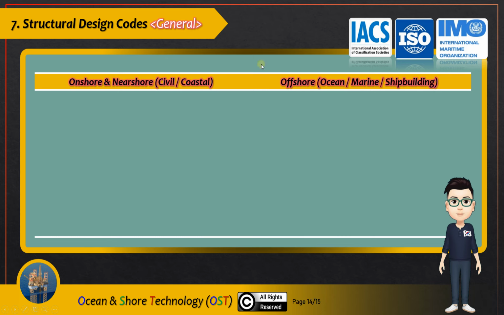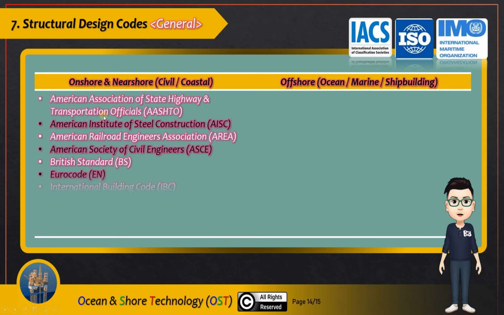So if we see further, for onshore, nearshore, and offshore structure design codes, there are so many different types of design codes available nowadays, but this is a brief summary. We have the American Association of State Highway and Transportation Officials, AISC, and we have the ASCE.